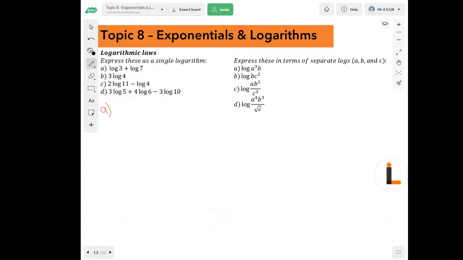We said we can combine these to make log 21. We could actually go straight to this final answer here.